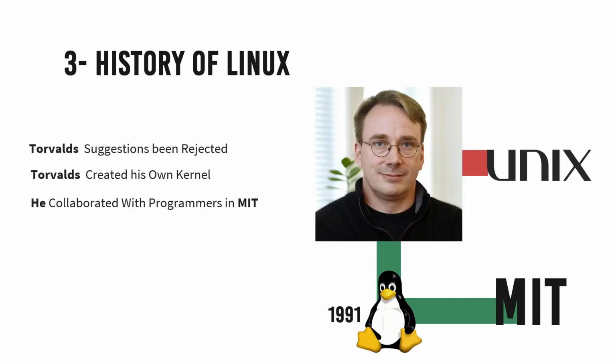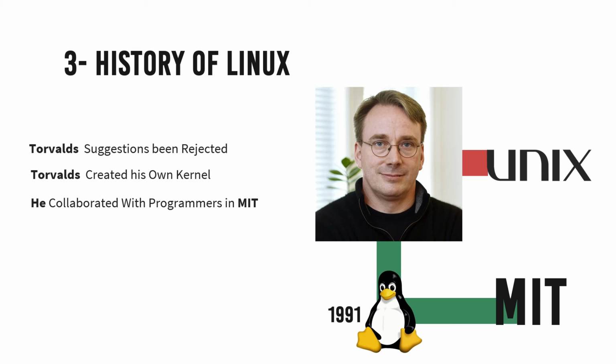While Torvalds was working on Unix, he suggested some ideas to the moderators of Unix to implement on the OS, but they rejected his ideas, so he decided to create his own operating system, which he did in 1991.